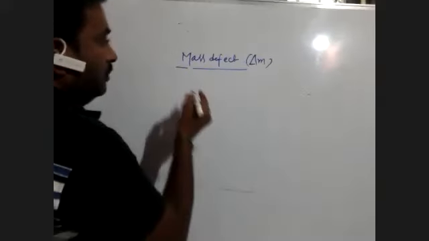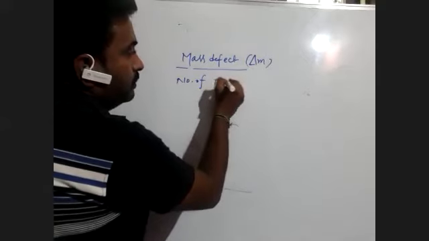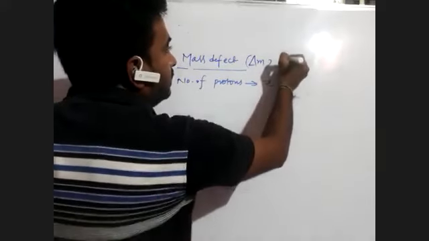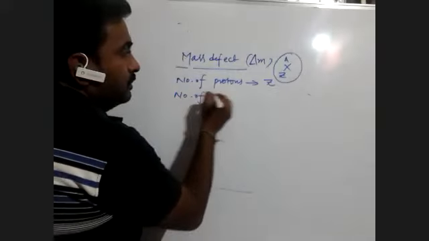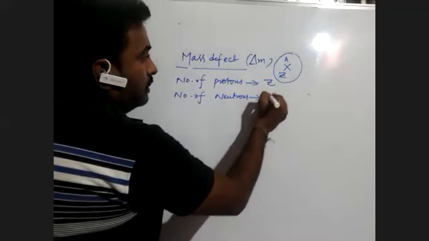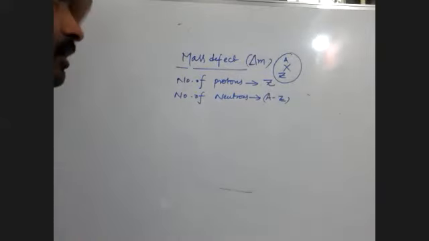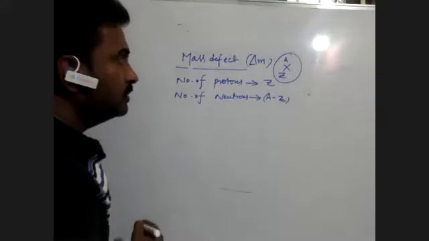We know the number of protons in a nucleus is nothing but the atomic number, because the nucleus will be represented like this, A Z E. Number of protons is Z. Number of neutrons is A minus Z.